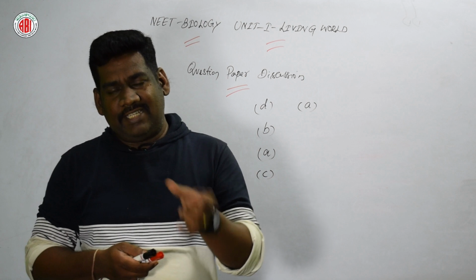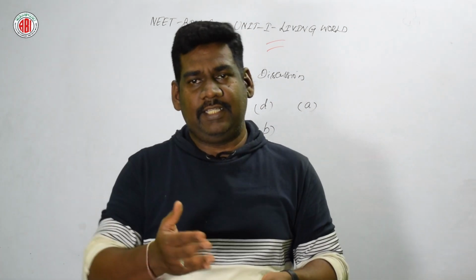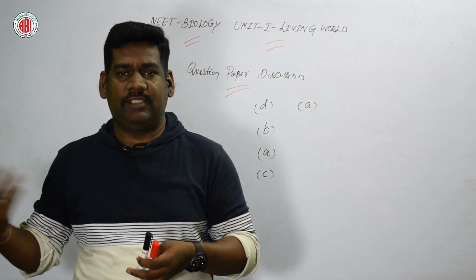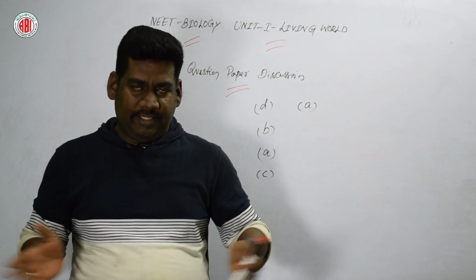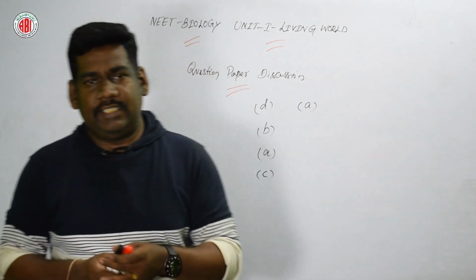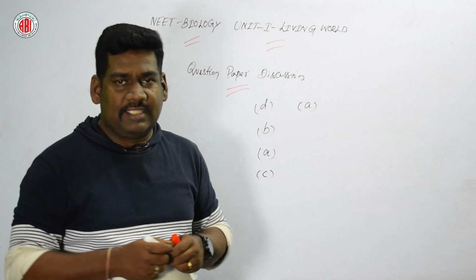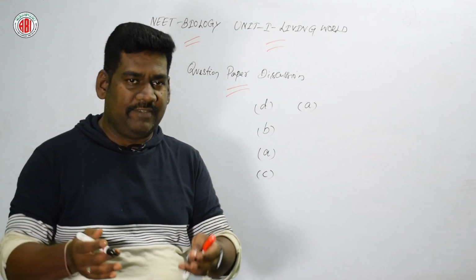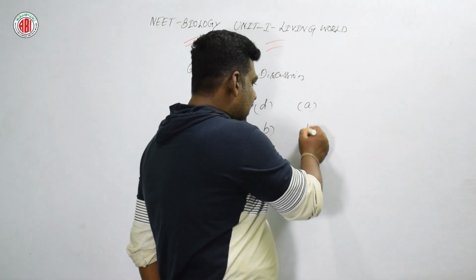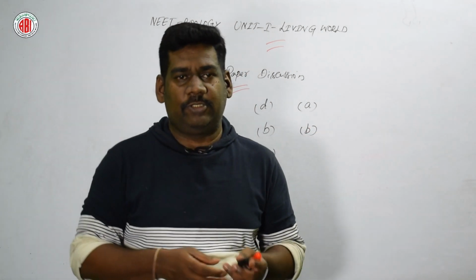So the first act in taxonomy is identification, followed by the rest of the categories like description, classification and naming. So the right answer for this question is option B, identification, identifying the given species. That is the first act in taxonomy. Now let us go for the next question.